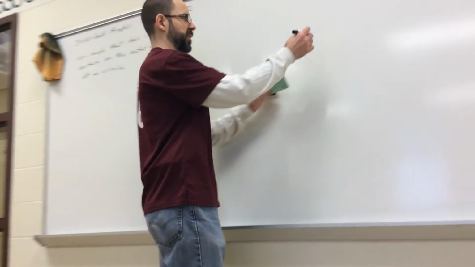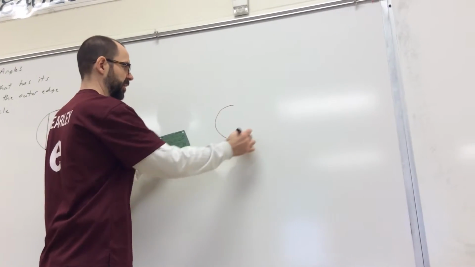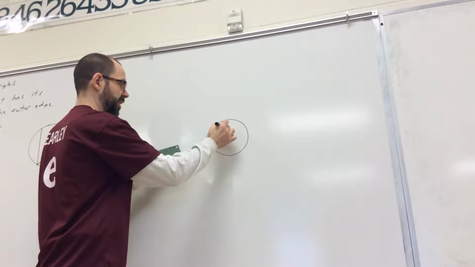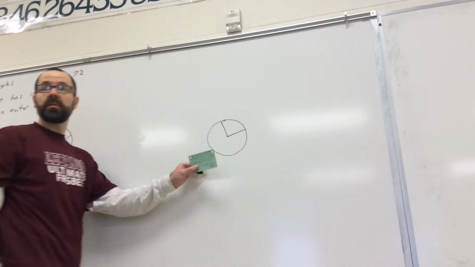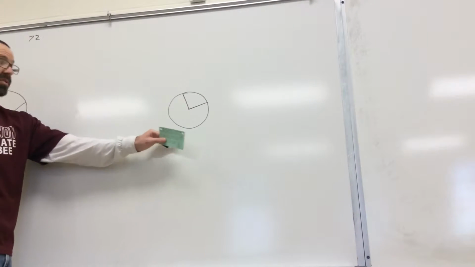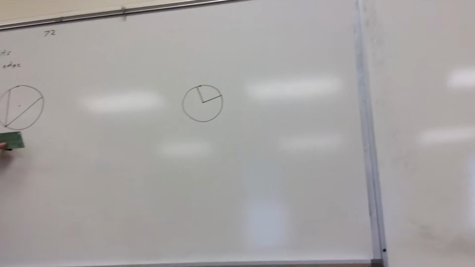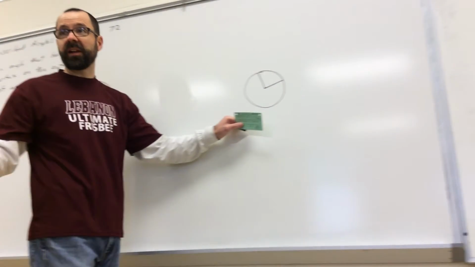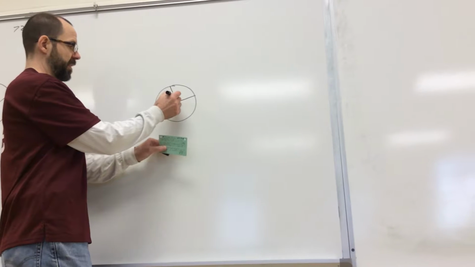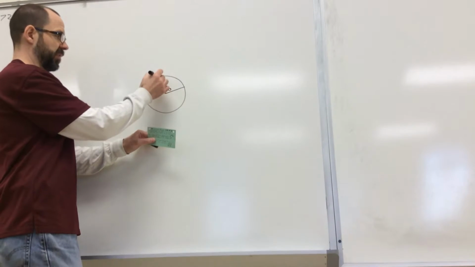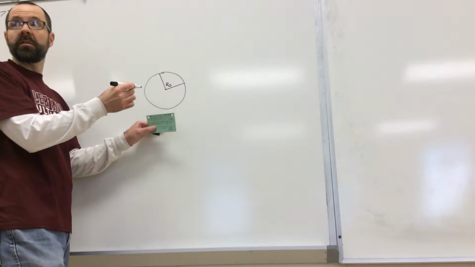So don't draw this picture because we've already had this information, but when you have a central angle, this is a central angle, this one's inscribed, this one's central, different kind of angle. If this is 80 degrees, then what's this?